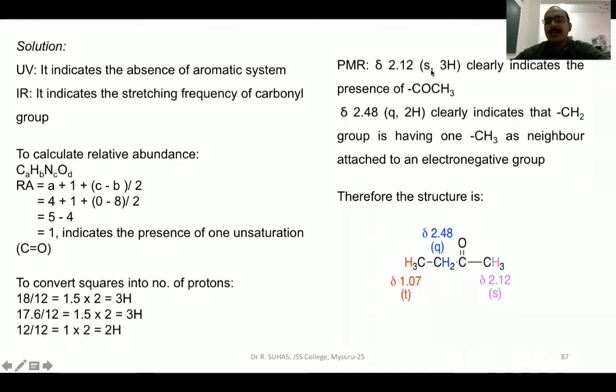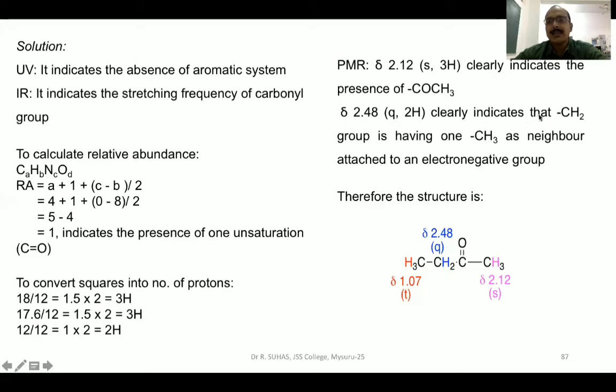Singlet indicates that there are no neighboring protons. So it is a CH3. If it were a primary alkyl, the value should be around 1, but because the methyl is attached to an electron withdrawing substituent, it is a methyl ketone, and hence the value is somewhat higher, that is 2.12. Next is delta 2.48, quartet, 2H.